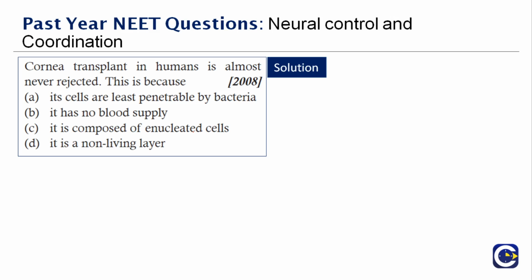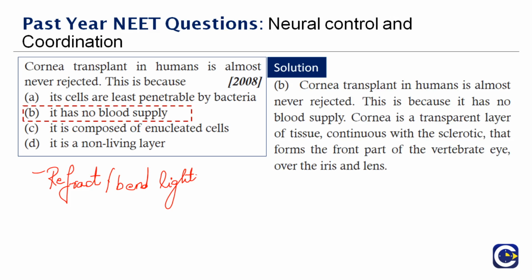So you can ask me what is the function of this cornea. The cornea's main function is to refract or bend light. Therefore the right answer to this question is option B.